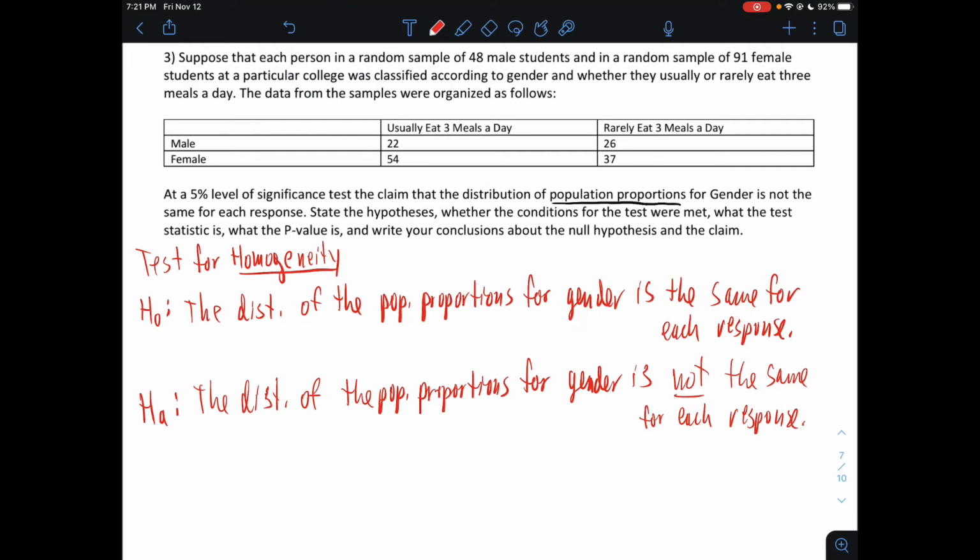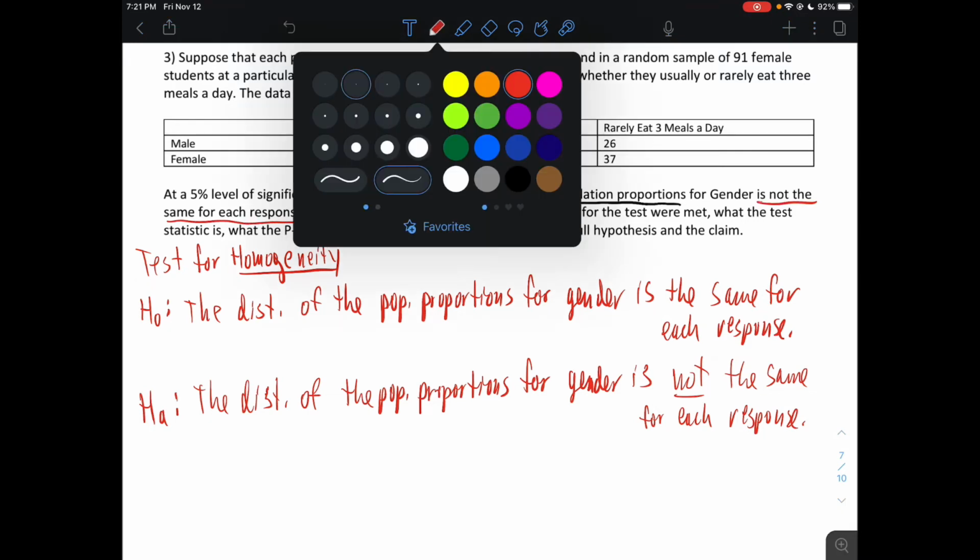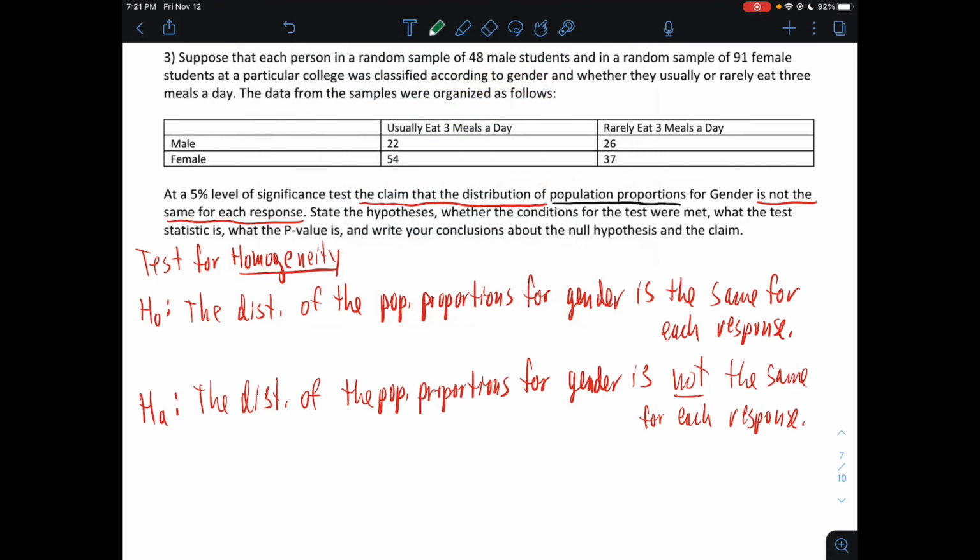And also we can notice that the claim is that the distribution is not the same for each response. So I'm just going to write the word claim next to my alternative hypothesis so that that reminds me when we get to the end for our conclusions.